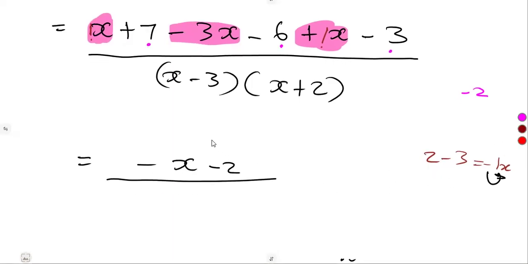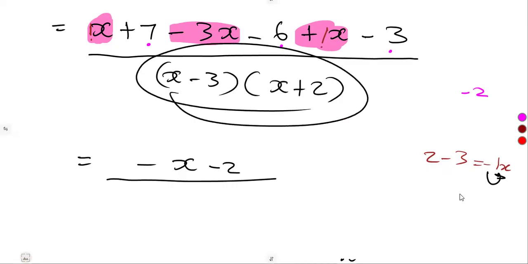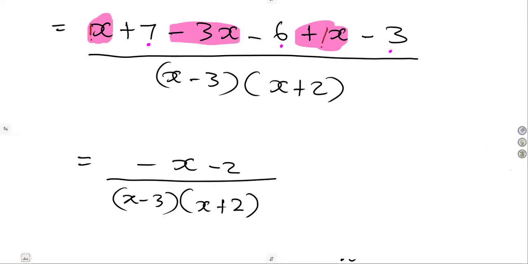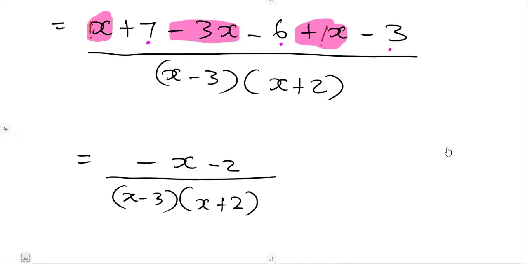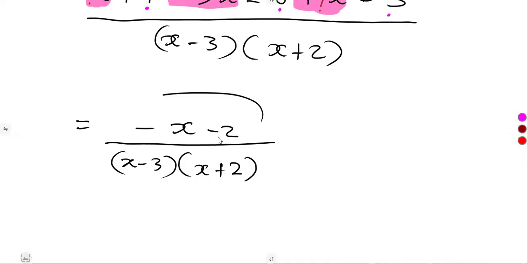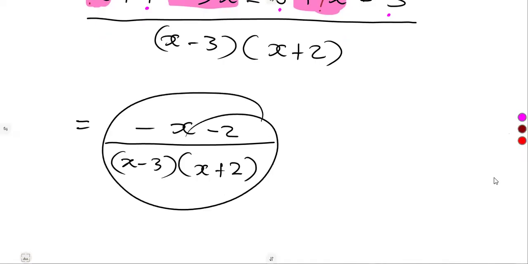So that's it. This is what we have. And the denominator, as it is our LCD, the one that we had before, is x minus 3 into x plus 2. Remember, I said you do not cancel unless we have something common between the numerator and the denominator. There is nothing to be canceled so far.